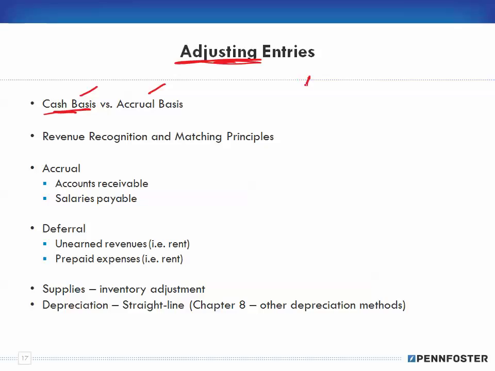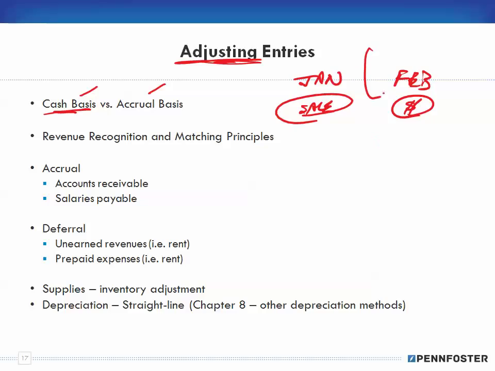Like, for example, you have January and February, okay? And let's say that in January you make a sale, but the person doesn't pay until sometime in February. Well, the sale was made in January, but the cash was actually received in February.